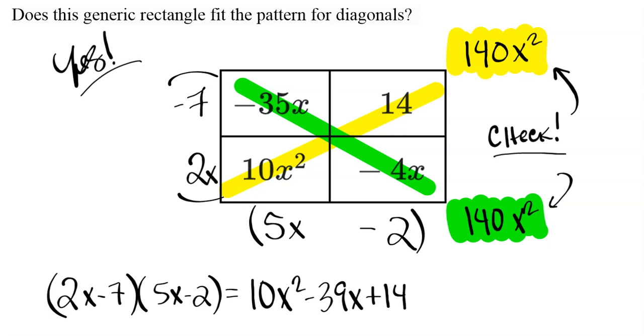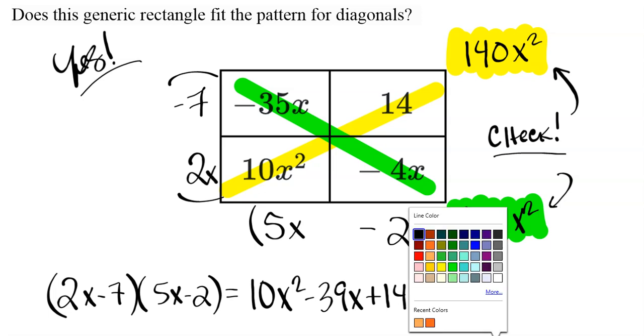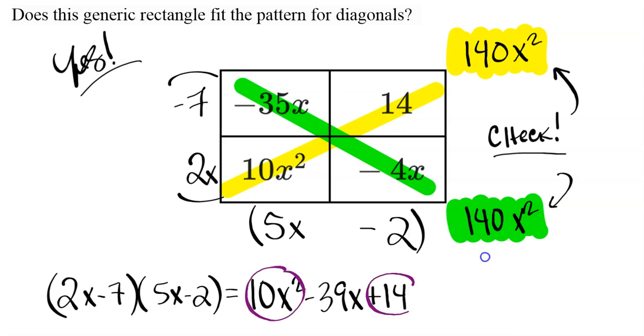And if we look at this, we've got 10x squared and the 14 showing up right here. These two are right here. So we can kind of start pulling this apart and looking a little deeper into where things are in this. So we know that the multiplication across diagonals works and that sort of thing.